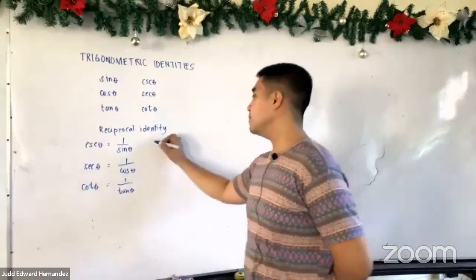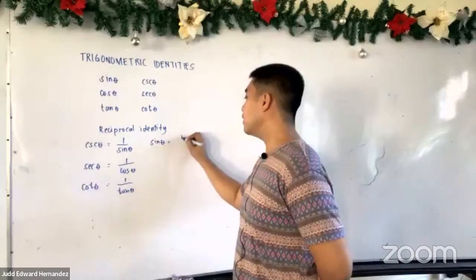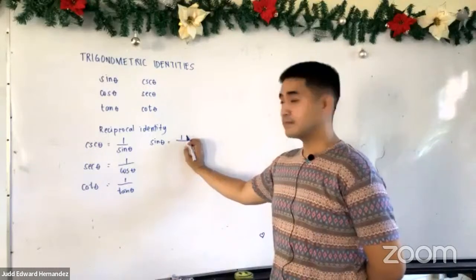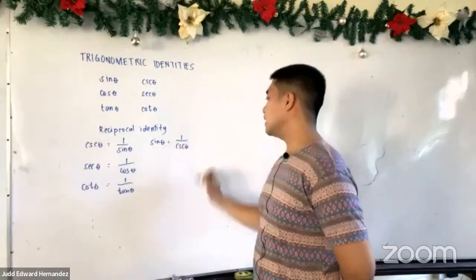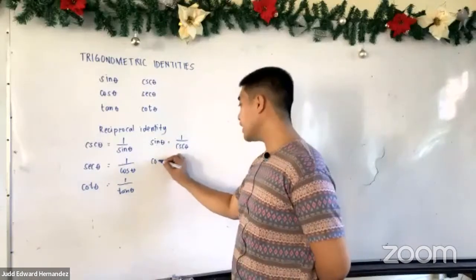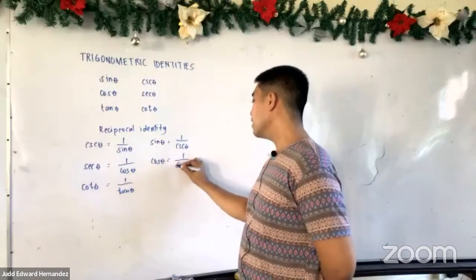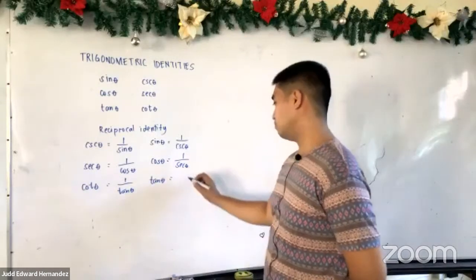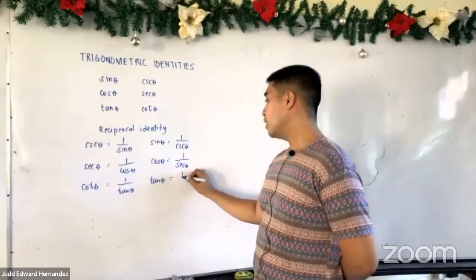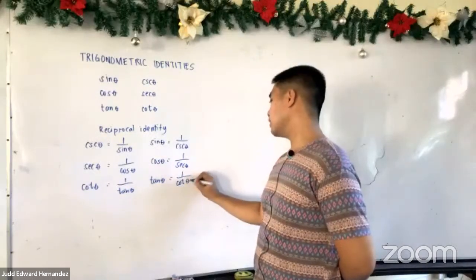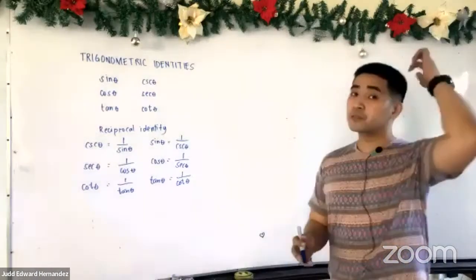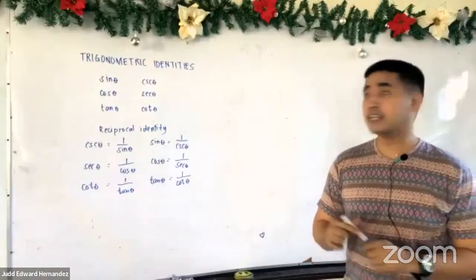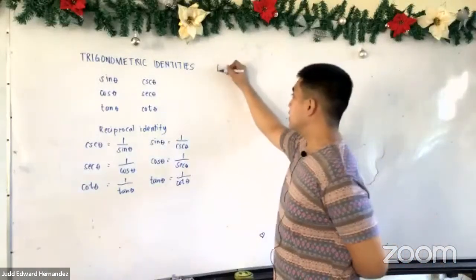Okay, or pag sinabi naman natin na sine theta, this is equal to 1 over cosecant theta. If we have cosine theta, that is equal to 1 over secant theta. If we have tangent theta, that is equal to 1 over cotangent theta. Okay. So, since we have this one, meron din po tayong tinatawag na quotient identity.